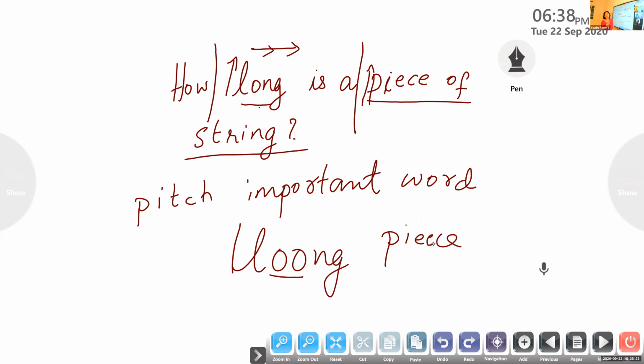I would add one more E here. Piece of string. Piece of string. So, just incorporating a little bit of exaggeration and dramatic style will bring out the beauty of the language. So like this, you should try every sentence.